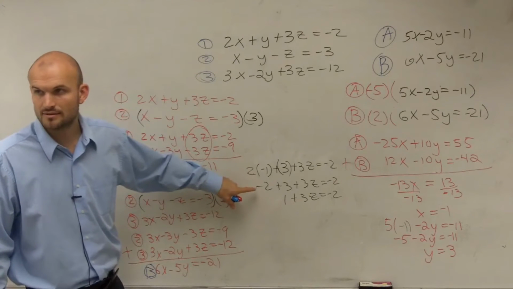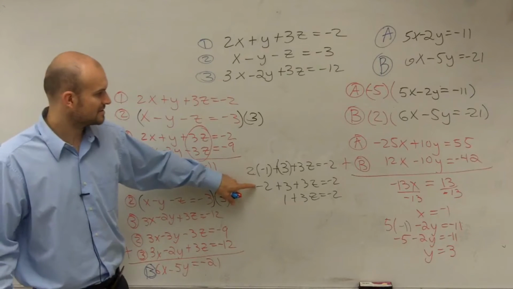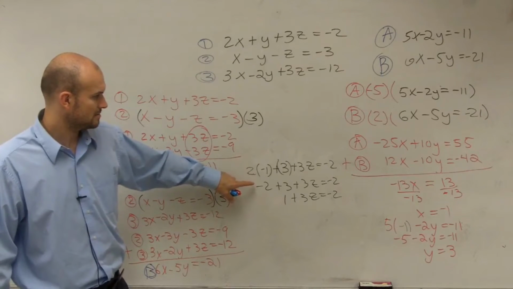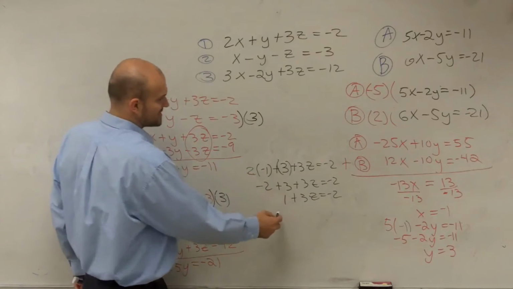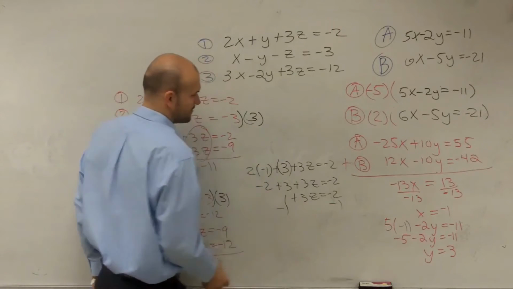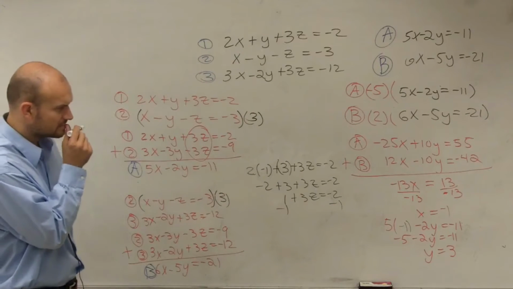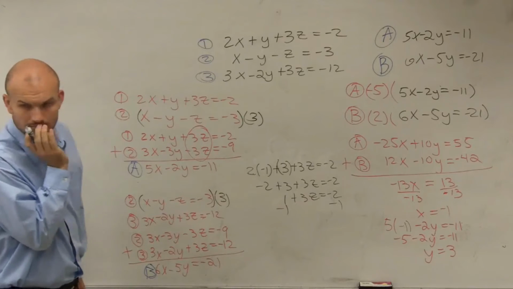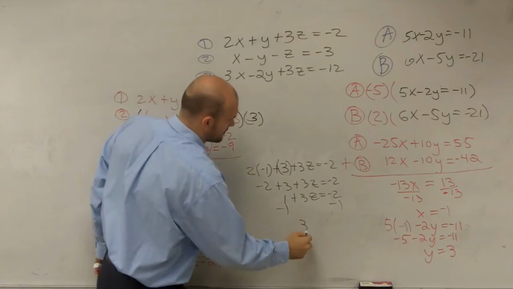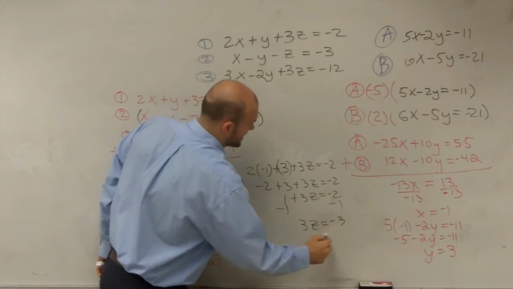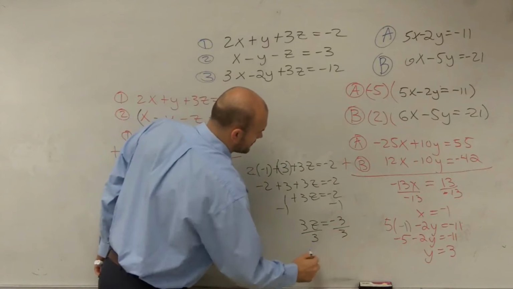That's a negative 2, right? Yeah. Right. Is that what you guys are talking about? No, okay, yeah. So there goes a positive 1. So I subtract 1. 3z equals negative 3. Divide by 3.